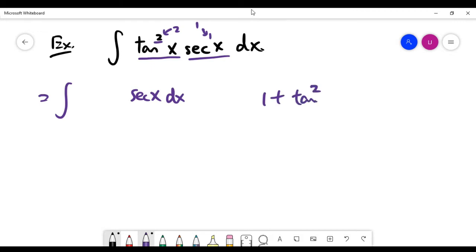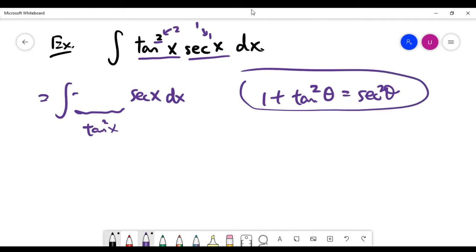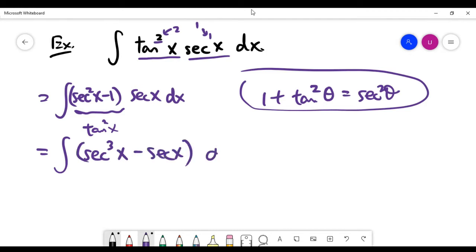For example, we understand that 1 plus tangent squared theta equals secant squared theta, right? So the tangent square x can be expressed as secant square x minus 1. Essentially we have to integrate secant cube x minus secant x dx.